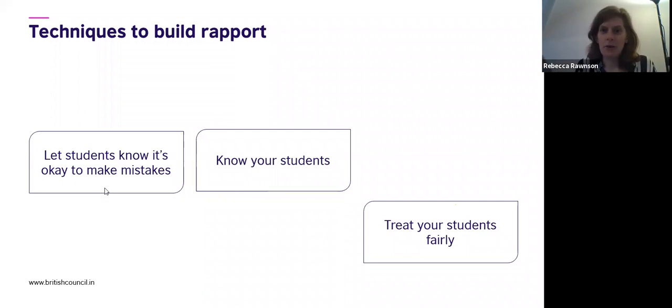When you're teaching online, when you're nominating, do you just go through the alphabetical list or use the same order every time? Can you mix up the order when you nominate students? Do you give extra time to those students who need it? That's part of treating students fairly as well, giving each student the time they need, not just letting the most dominant, most confident students speak.